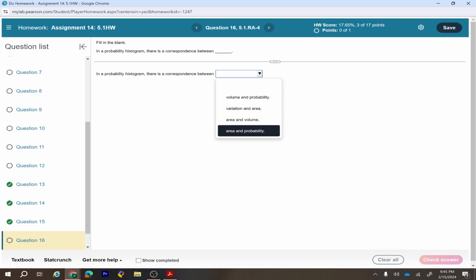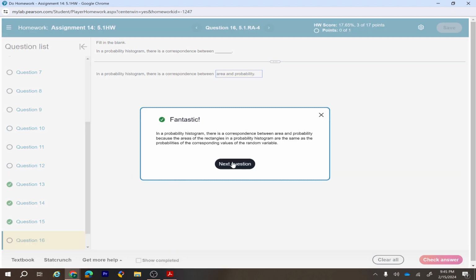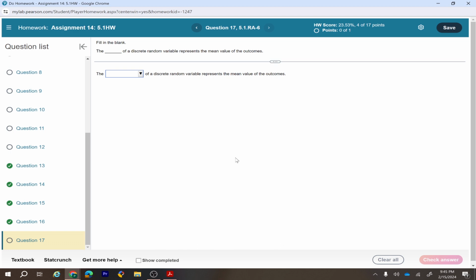In a probability histogram, there is a correspondence between probability and area, the area of the histogram bars. And the blank of a discrete random variable represents the mean value of the outcomes. The expected value of a discrete random variable represents the mean value of the outcomes.